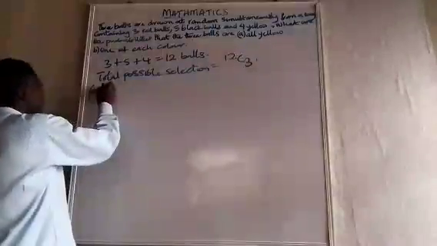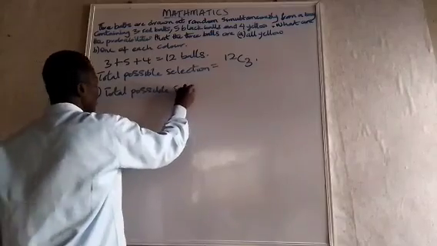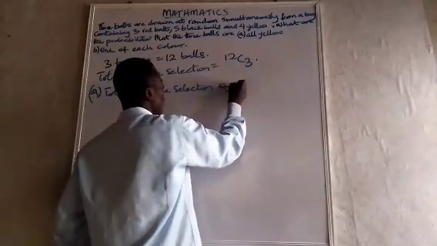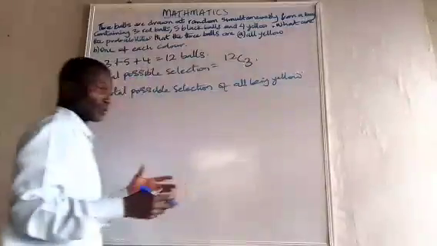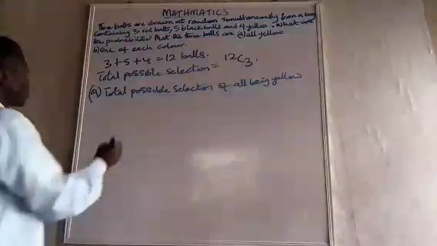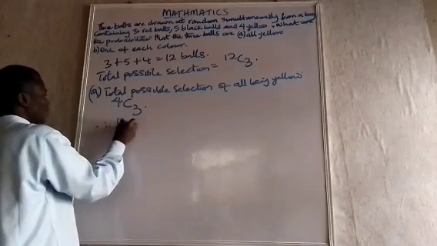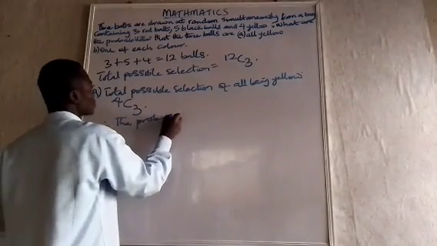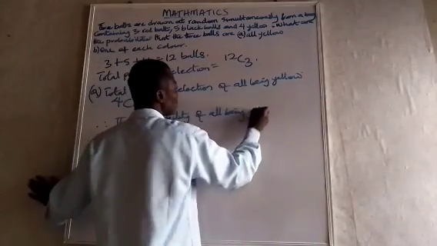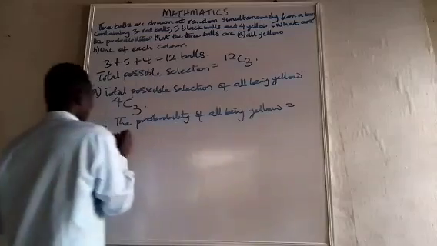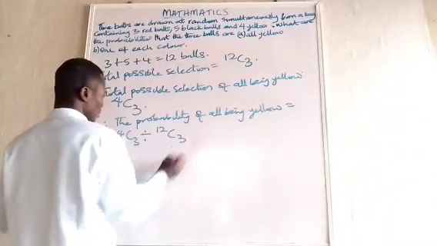So the total possible selection of all being yellow, because we are going to do that from 4 yellow balls, is going to be 4C3. Therefore, the probability of all being yellow is equal to 4C3 divided by 12C3.